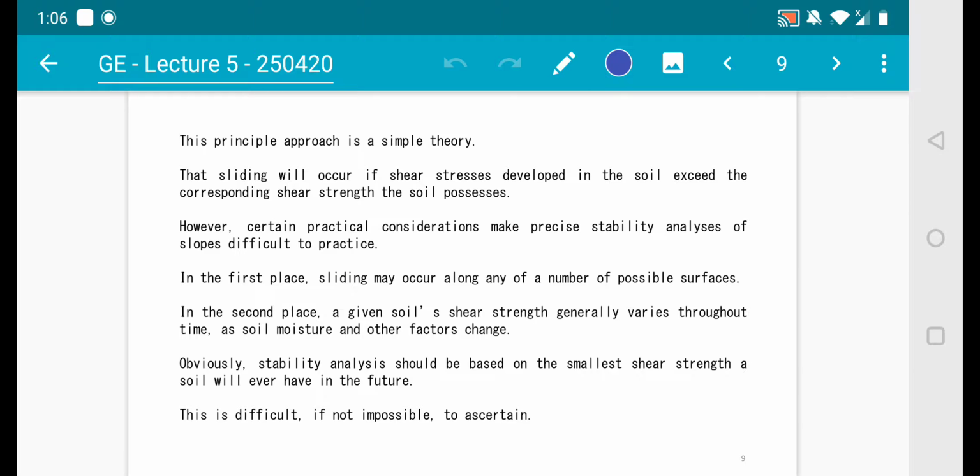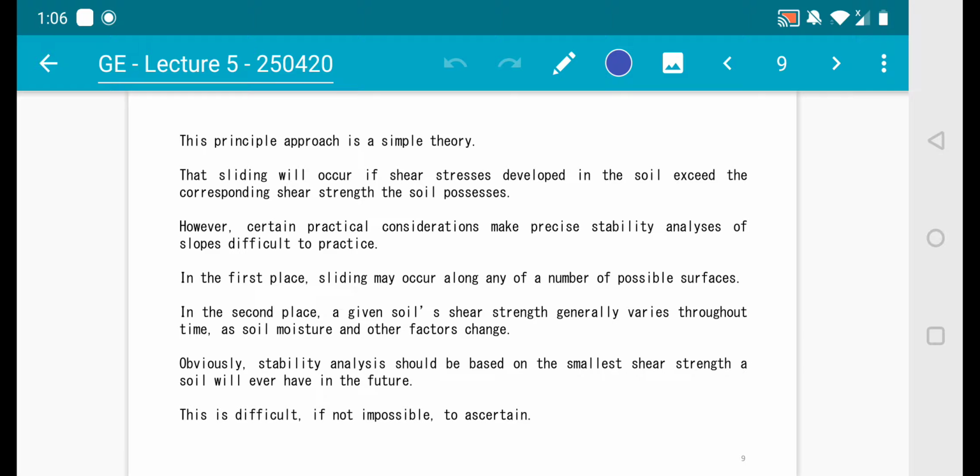Now this principal approach is a simple theory. If you look at a slope, sliding will occur if shear stress develops in the soil and exceeds the corresponding shear strength the soil possesses. In this condition, shear stress will be considered a negative effect, while shear strength is like a resistance.